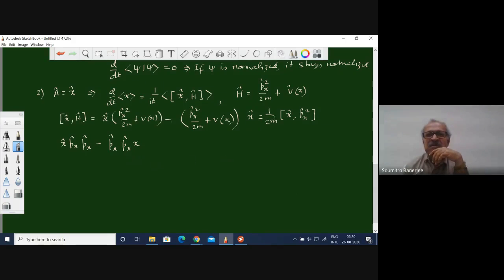Just spare this 1 by 2m because what we are writing is essentially this part. We have already written that x px minus px x is equal to i h cross.